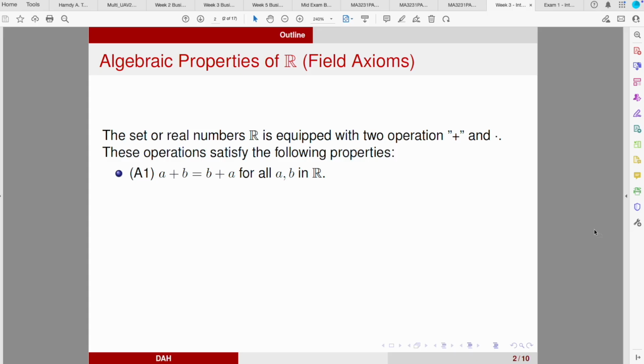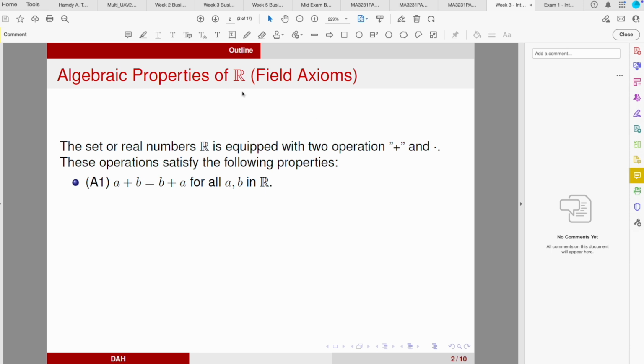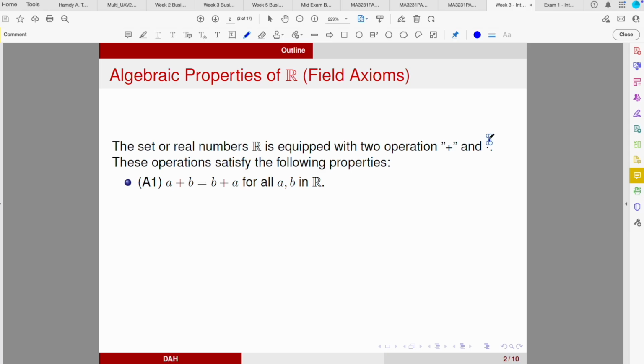So those are the properties that we identify, same like the set. So we start with the properties. There is the addition property. The set of real numbers is equipped with two operations, that is addition and multiplication. I can revise this using a cross, or to make it simple, only a dot.